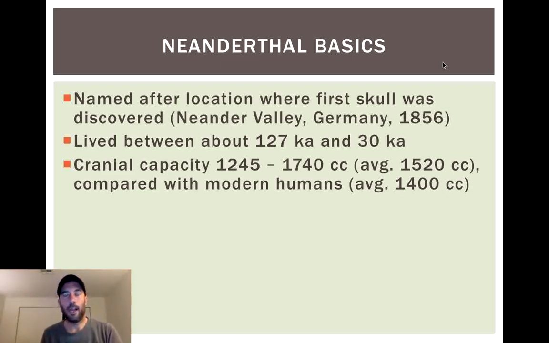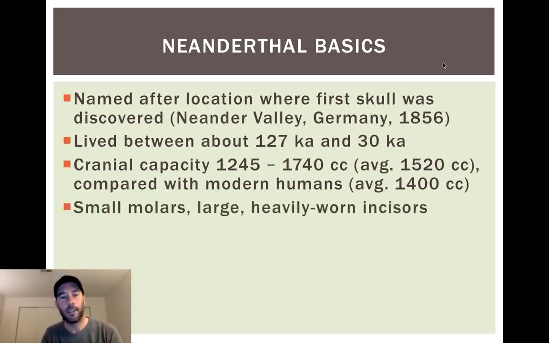It could be that because they lived in a cold environment, the thermal output of your brain is quite high, so it might have been good for producing heat, and it might not have correlated exactly to intelligence. Or it could be that because they had stockier bodies, larger bodies in general, even if shorter, it just scaled up with body size. We don't know for sure, but it was slightly larger than modern humans on average.